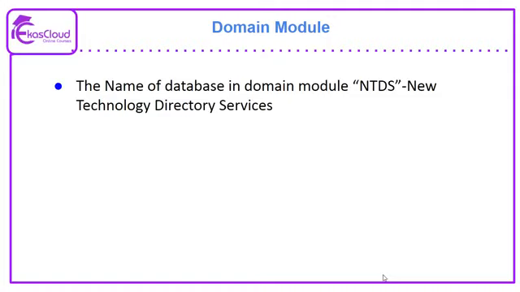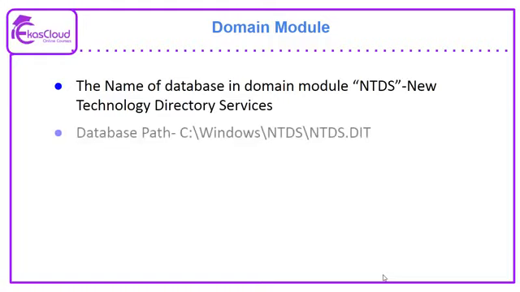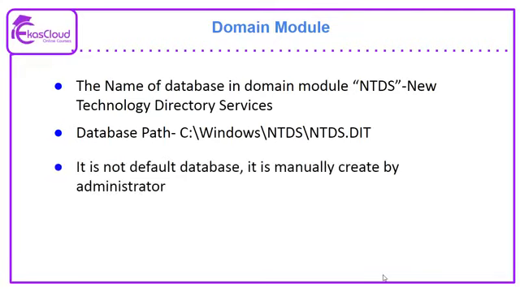So the workgroup model database is SAM, and the domain model database is NTDS, and the default domain model database path is in these particular locations. It is not a default database. As an administrator, you change the workgroup to the domain model. It is a manual database, manually created by the administrator.